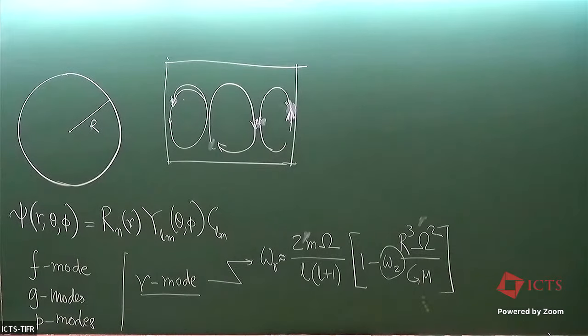So if an R mode oscillation is ongoing, why should it not be damped? Why should it be ongoing for long enough time for us to be able to see it?